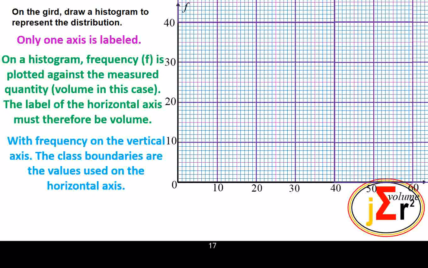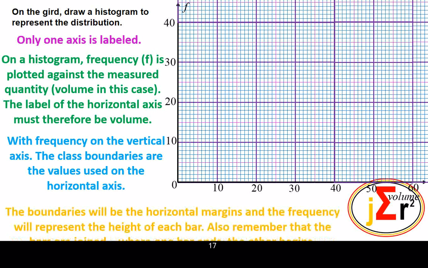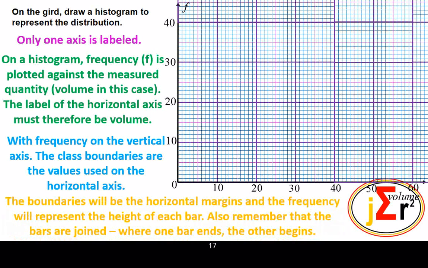And of course, you know that the class boundaries are related to the measured quantity, which is the volume of petrol. The boundaries will be the horizontal margins and the frequency will represent the height of each bar.